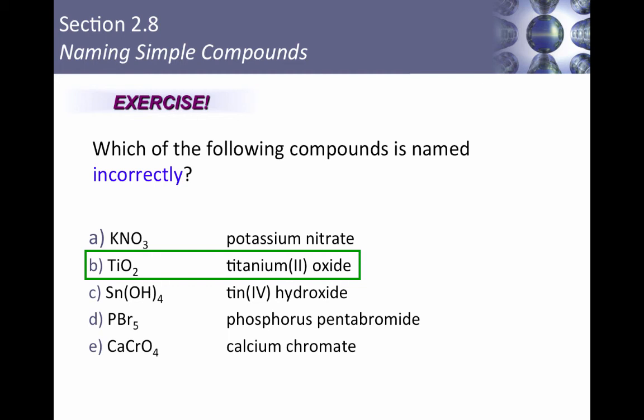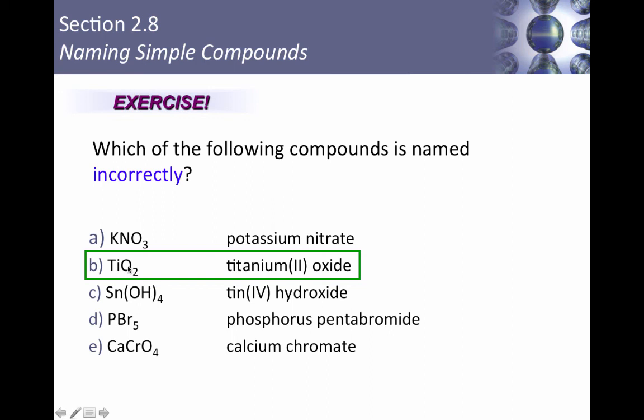So you have to think about, okay, well, why is B incorrect? So often those transition metals that have multiple charges really trick people and get them confused. So the issue is the oxygen. This tells me that I have 2 oxygens bound to the titanium.